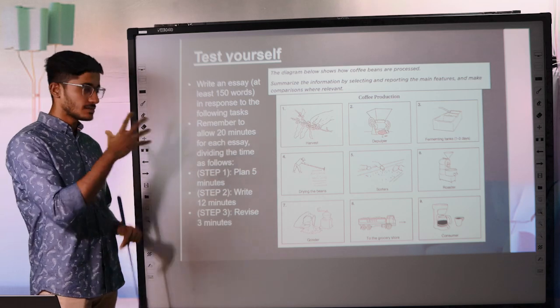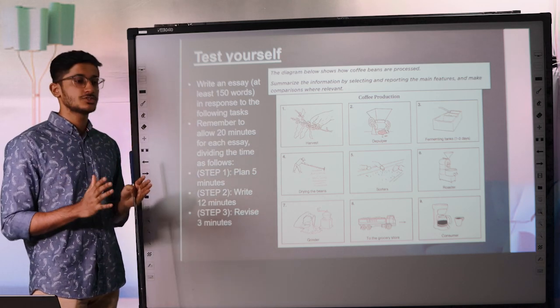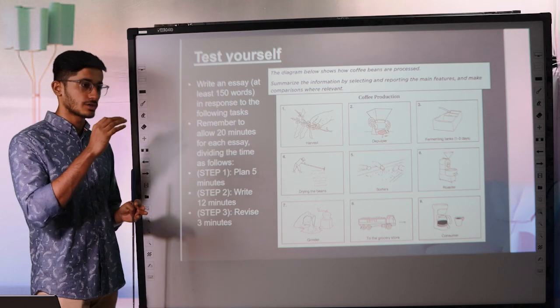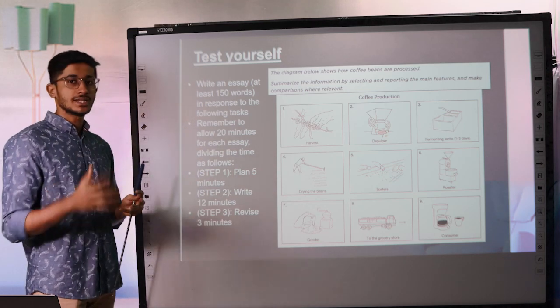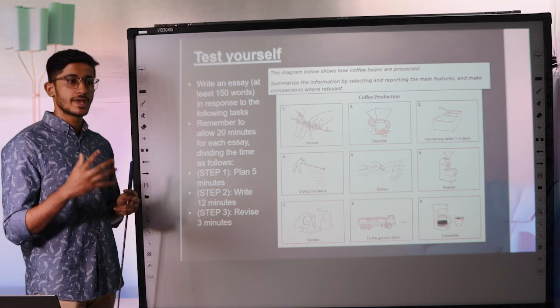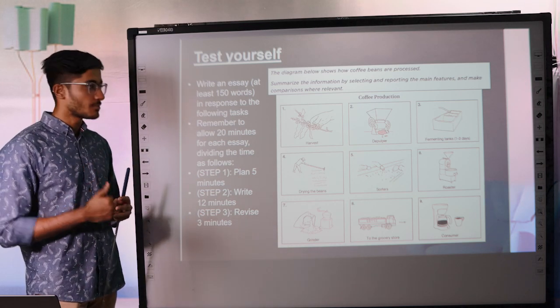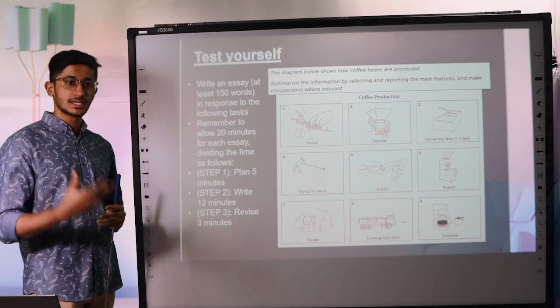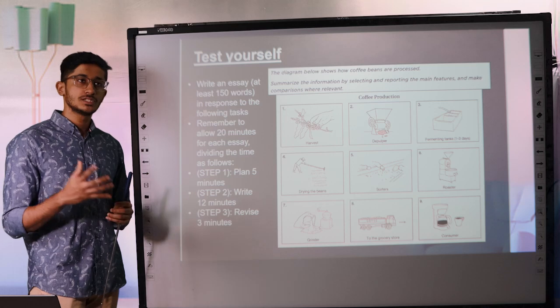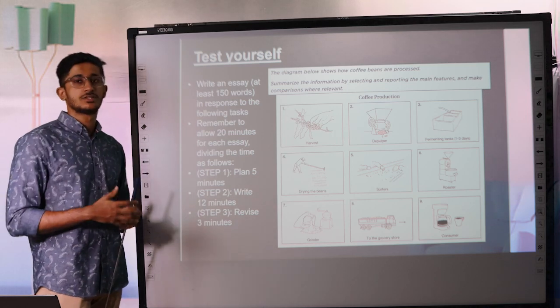So just imagine yourself that you're in the exam hall and you're going to be writing your Task-1 exam, and you just write it exactly the way you would have written it if you were in an exam hall. And you must make sure that you time yourself, because that's going to give you an idea of how much you need to work in that particular area.